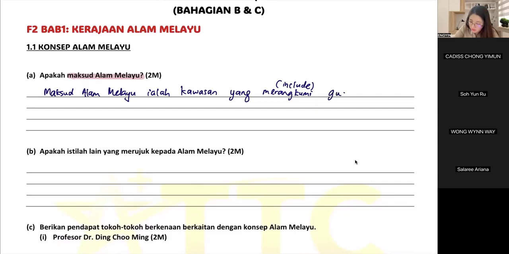So you need to tell me that it refers to all the islands, gugusan kepulauan, and tanah besar di mana? Di Asia. Di Tenggara benua Asia. Correct. Or you can just write Asia Tenggara.